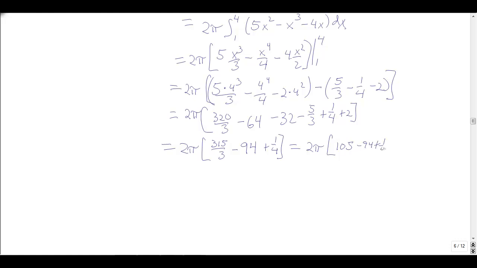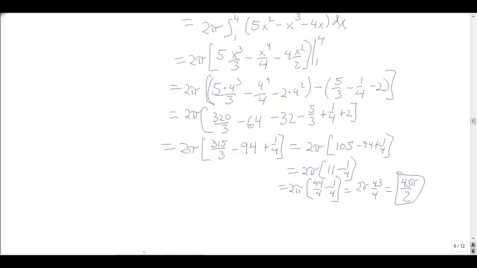Minus 94 plus a 4th. So you end up with 2 pi times 11 minus a 4th. So that's going to be 2 pi times 44/4 minus a 4th. So this is going to be 2 pi times 43 over 4. And I can simplify that to be 43 pi over 2.